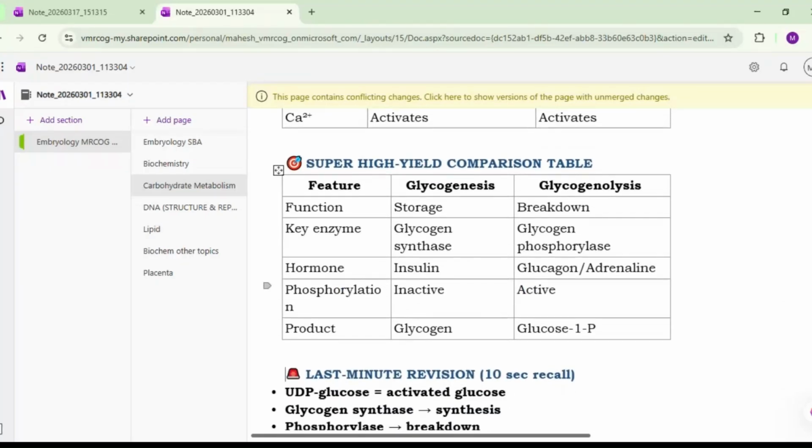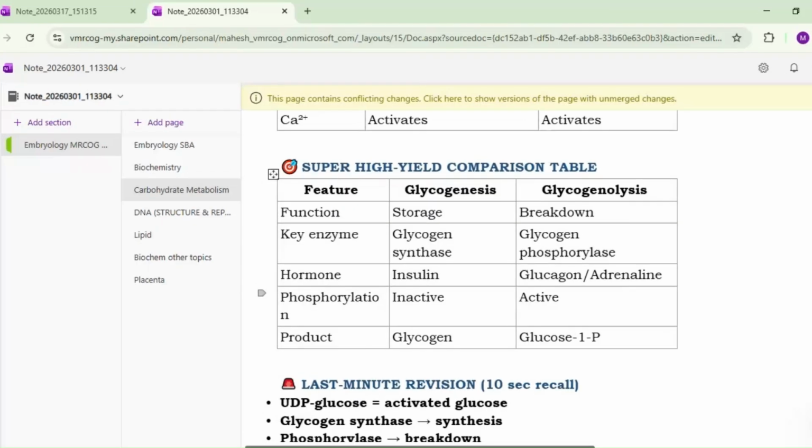So, this glycogenesis and glycogenolysis that we have just seen: glycogenesis is the storage form of glucose, the key enzyme is glycogen synthase, and the hormone responsible is insulin. Phosphorylation leads to inactivation of the enzyme, and the product is glycogen.